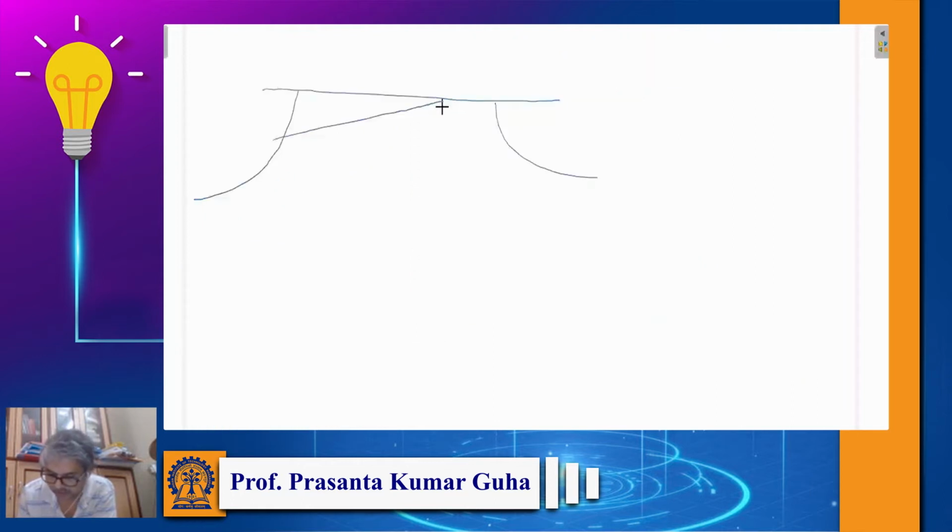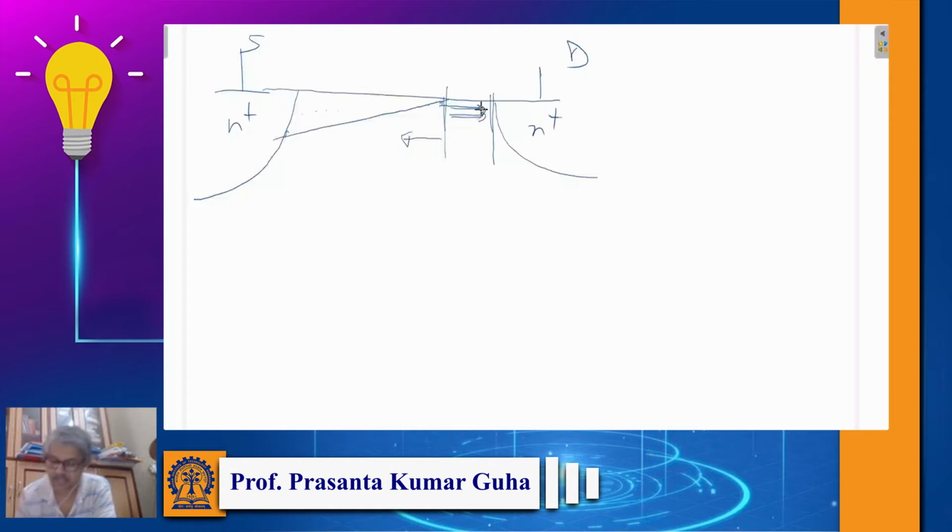So beyond pinch off, the channel is moves towards the source, and in this particular portion there is no channel. This is my drain and this is my source. What happens? The electrons will be dragged by the electric field which drops across this depletion region.